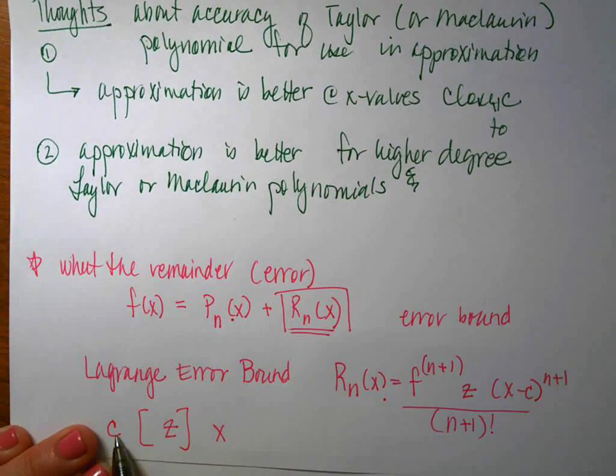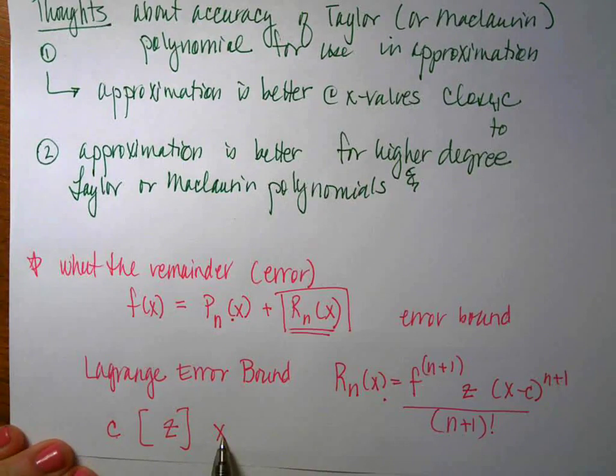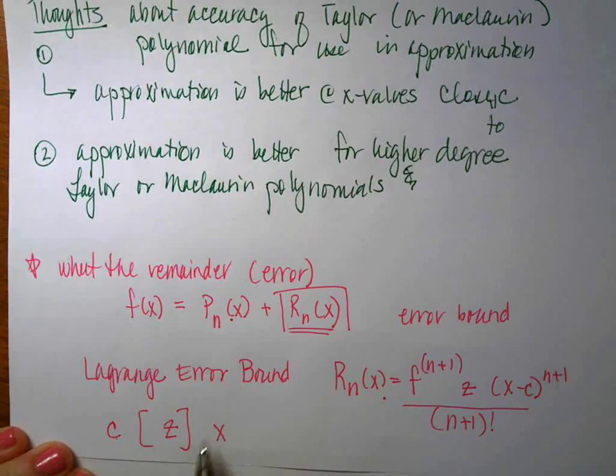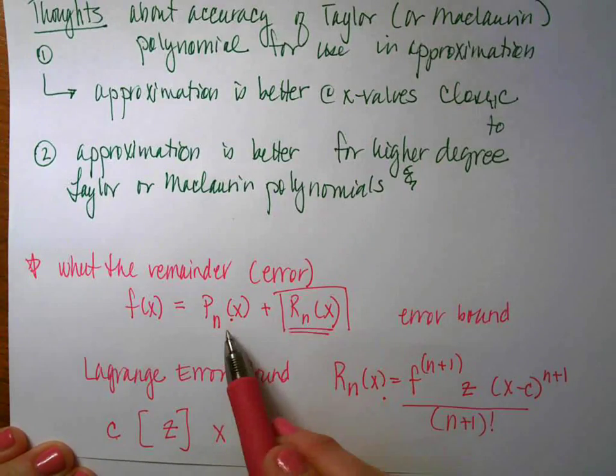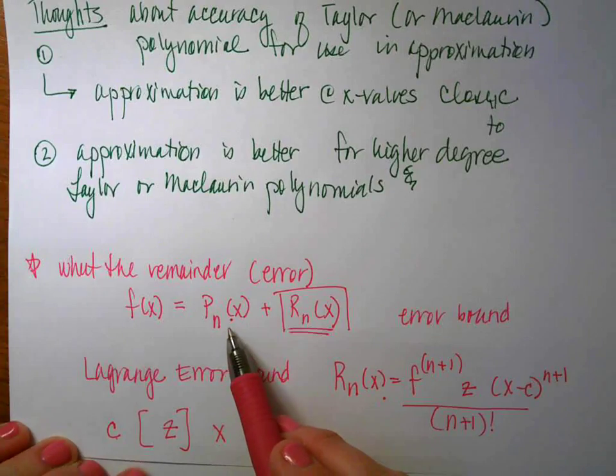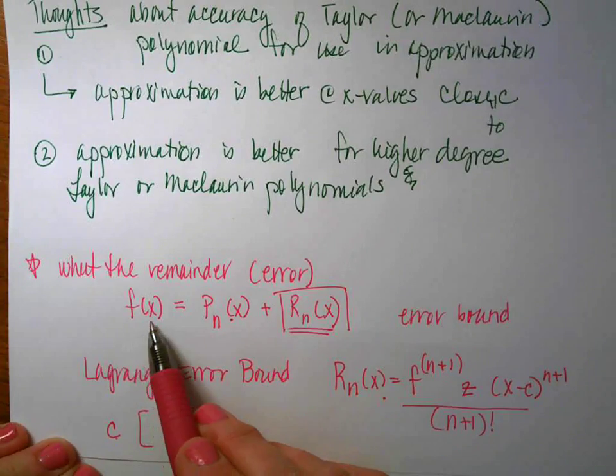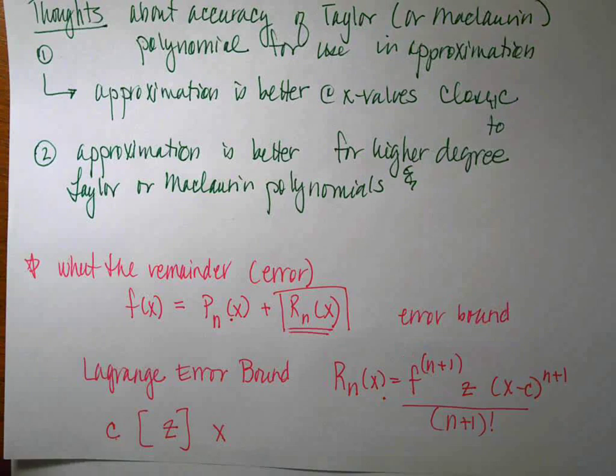This is going to be a value that's in between the value that we're approximating it at and the actual value for the function. I know this seems really creepy right now, but we're just trying to set the stage and come up with how much error I have when I make a polynomial approximation of a function.